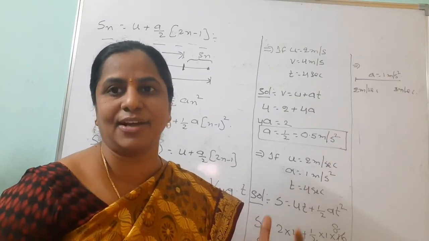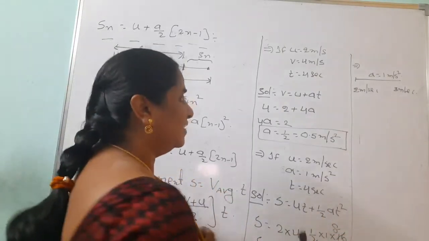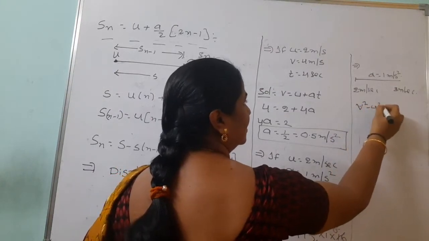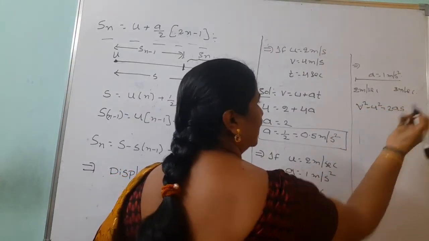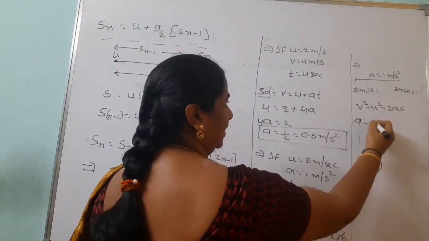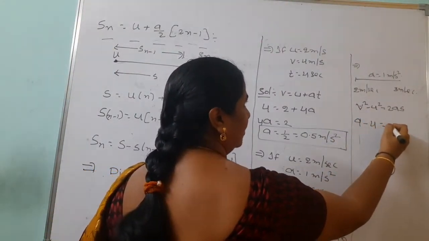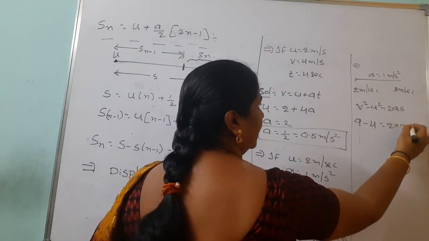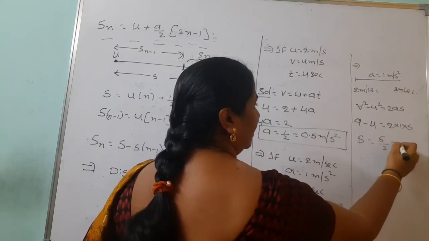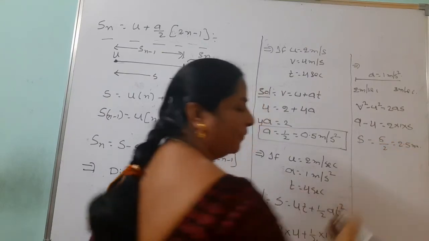To find the distance or displacement traveled by the body, we can go through the formula v square minus u square equals 2as. Instead of v square we take 9, minus initial velocity square which is 4, equals 2 into 1 into s. Finally, distance is 5 by 2, which is 2.5 meters.